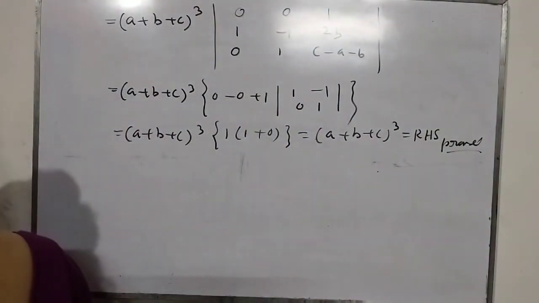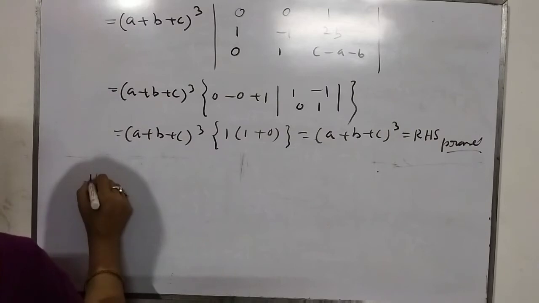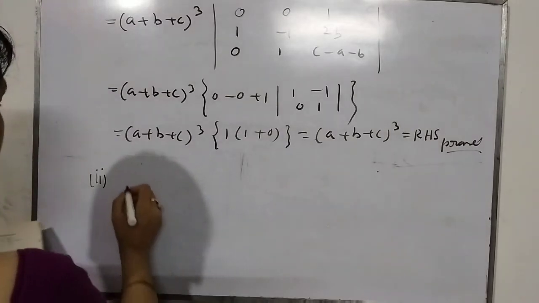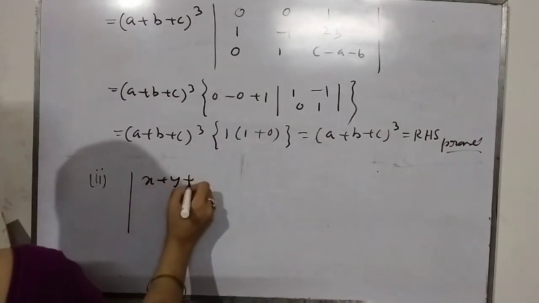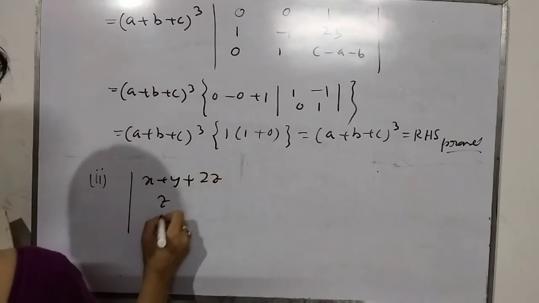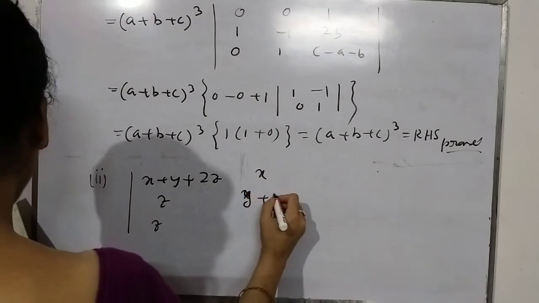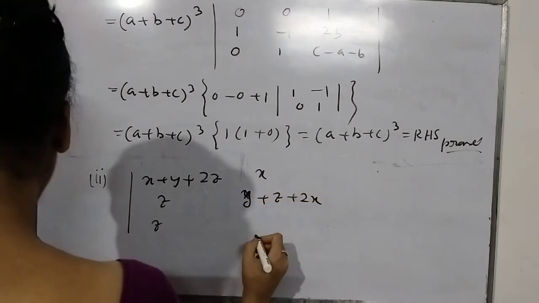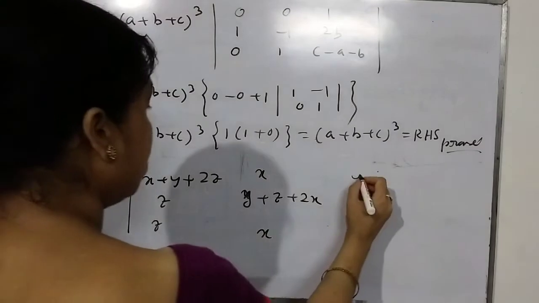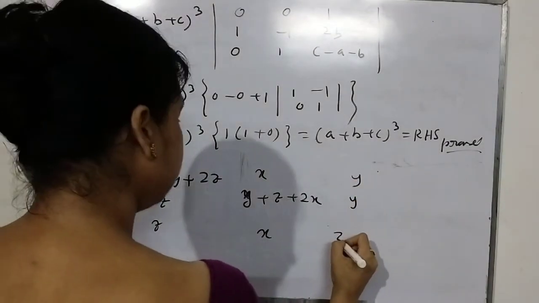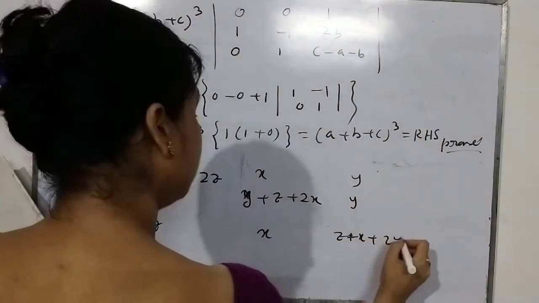The question number 11-2 is, you have the first element x plus y plus twice z, z and z. This is x, y plus z plus twice x. This is x, y, y, and it is z plus x plus twice y.